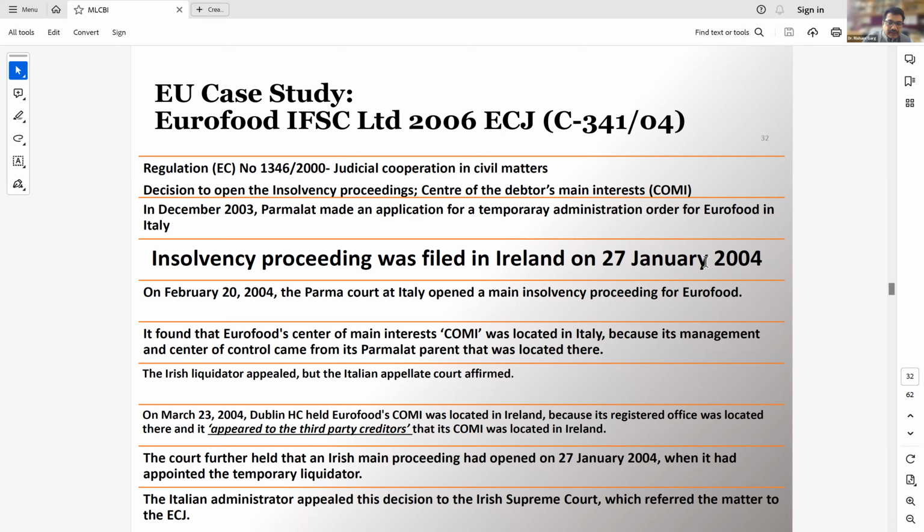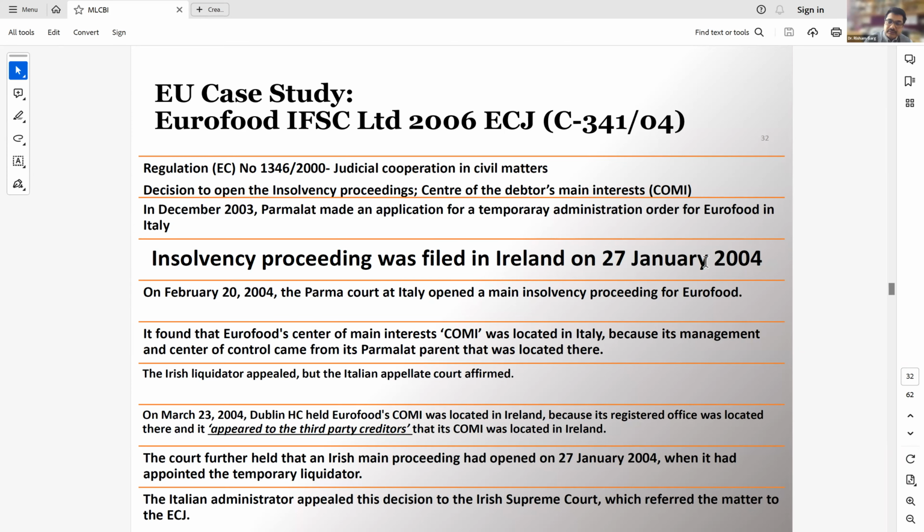Then in the meantime, in March, the Dublin High Court held that Eurofood's COMI was located in Ireland because its registered office was located there, and it appeared to the third party creditors that its COMI was located in Ireland. So, mind you, this language, that it appeared to the third party creditors.